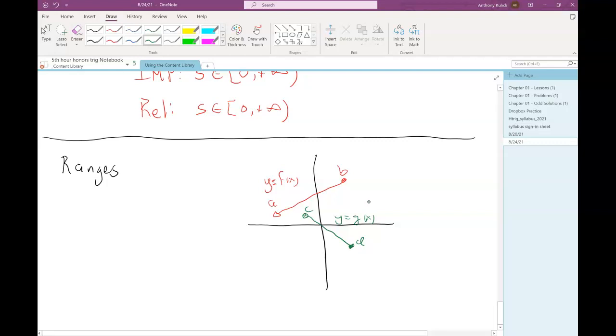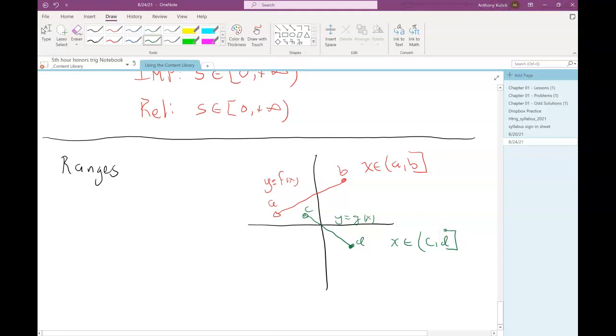So the domain for our f of x in this example, let's be specific, is a to b. And the domain for our g of x in this example is c to d.